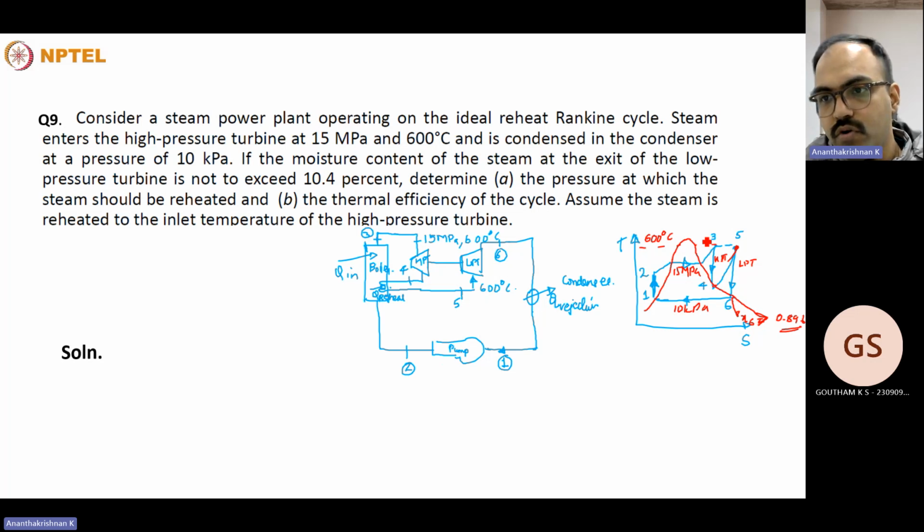But we do not know whether the efficiency will increase due to mere reheating, but definitely the quality will improve. The assumption is that the steam is reheated to the inlet temperature of the high pressure turbine. So basically the state point 5 temperature will be 600 degrees Celsius. That is one additional data they have given in the problem.